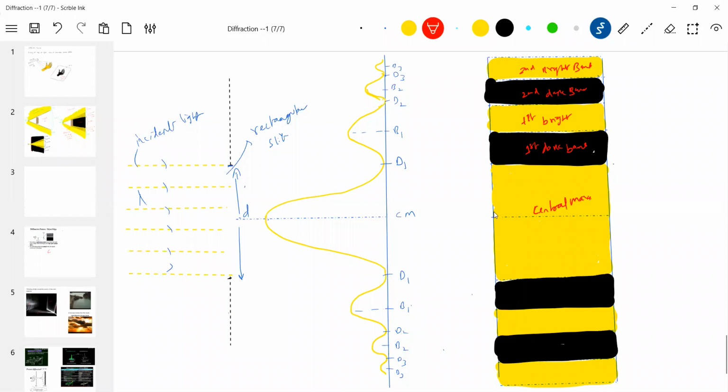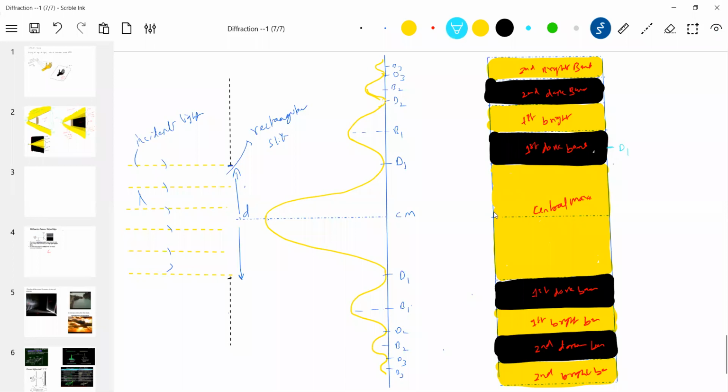Is the pattern similar to interference? No. And this is the second dark band, and the second bright band. So this was the pattern. It will be completely dark at the midpoint of the first dark band, which is D1.